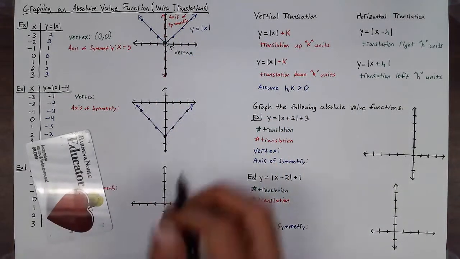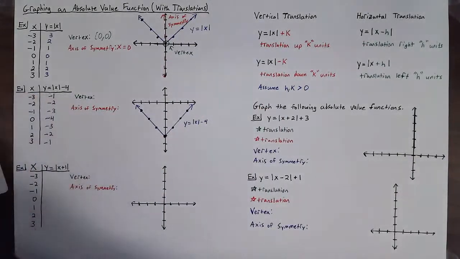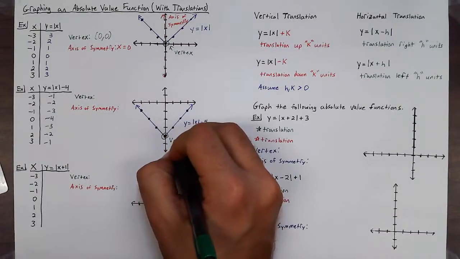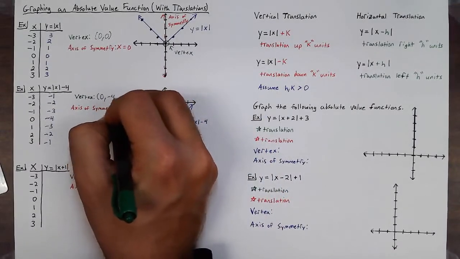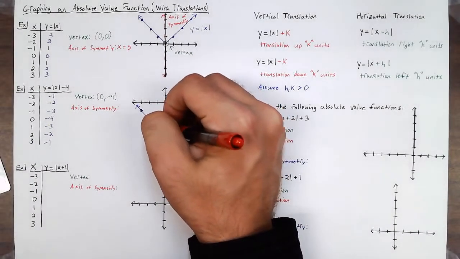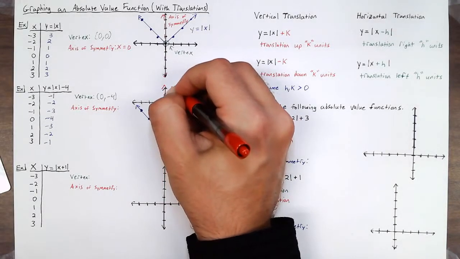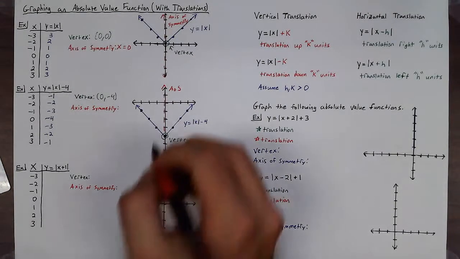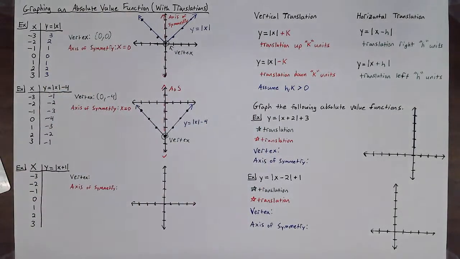But even though this graph has shifted down 4 units, it still has a vertex, which is now at 0, negative 4, and it also still has an axis of symmetry, which from this point forward on the graph I shall just write as a lowercase a o s for axis of symmetry. But that's still at x equals 0. So that didn't shift, but the vertex did shift downward.